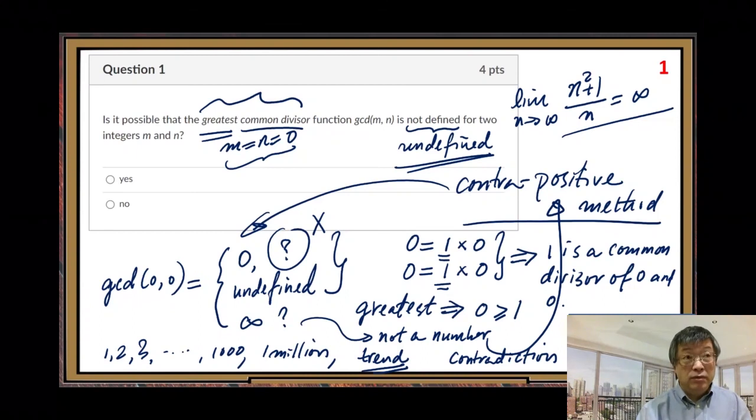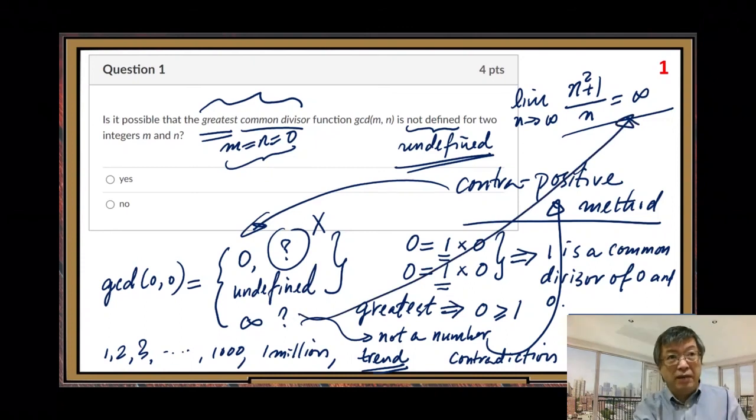But here it's not that case. If you claim infinity, does the meaning of infinity match the definition of that limit infinity? Maybe not, and you cannot connect it in that way. So we can say infinity is not a good answer.